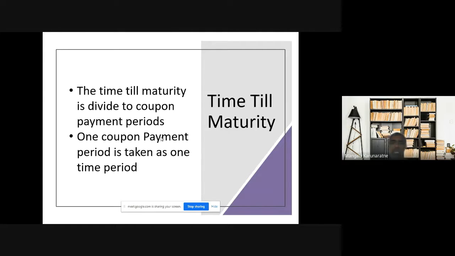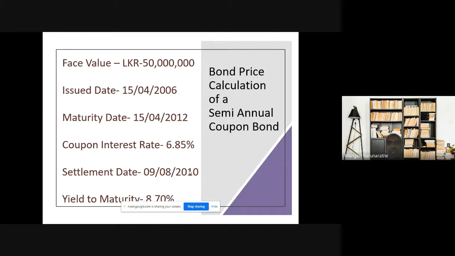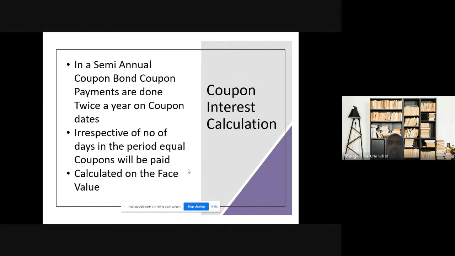There can be other variations as well. But mostly we see semi-annual coupon payments. So this calculation we did, which I have already just now explained.